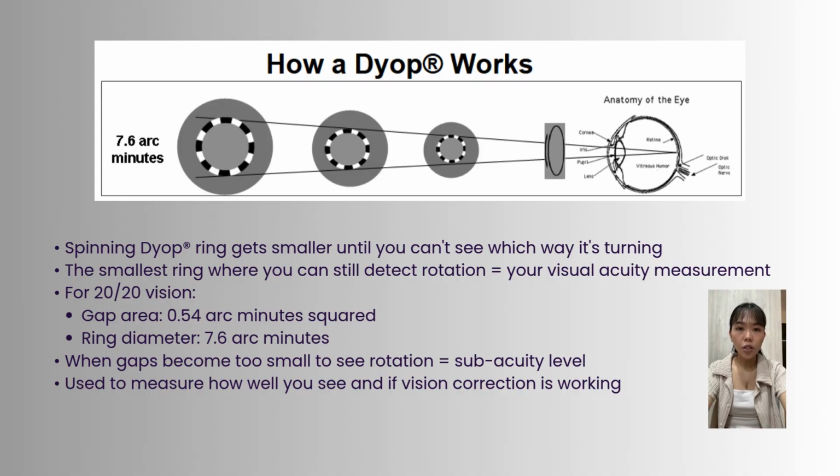For 6/6 vision, the smallest visible Dyop ring has a diameter of 7.6 arc-minutes. Its gap width measures 0.54 arc-minutes. Anything smaller is called Dyop subacuity, where the spin cannot be detected because the gaps are beyond the eye's resolution limit.